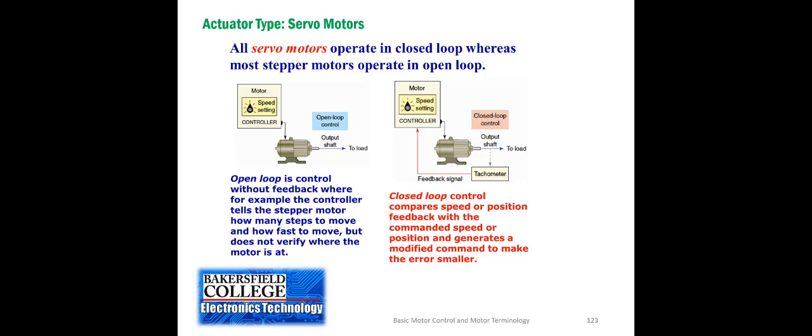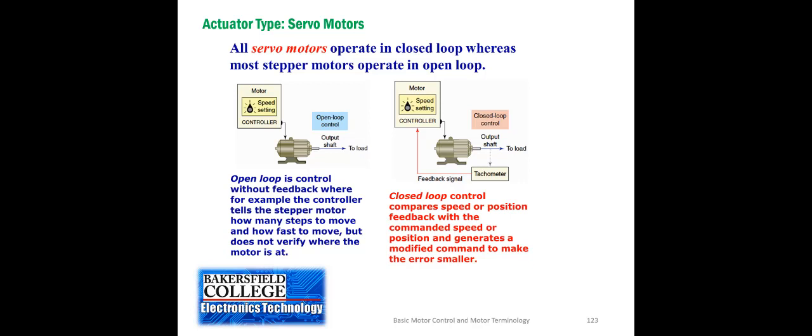It's connected to the ship's wheel. And then there is a different motor at the rudder that's really huge. So the motor at the rudder follows exactly the same position as the ship's wheel. That was one of the earliest servo systems.